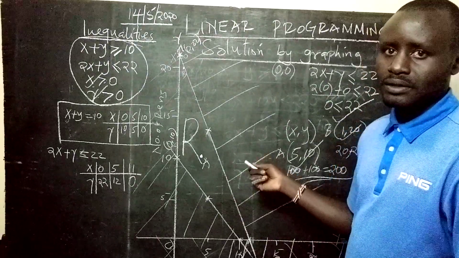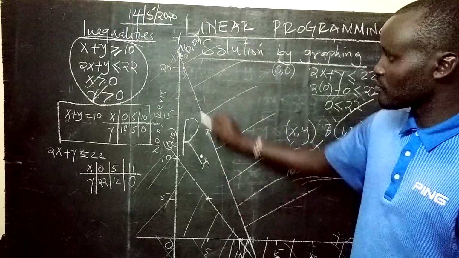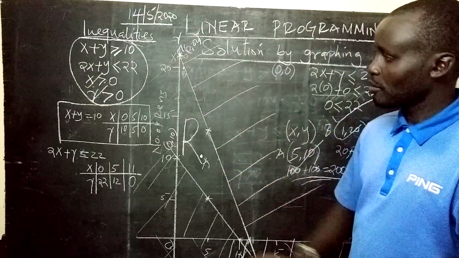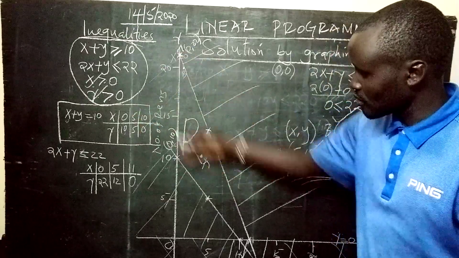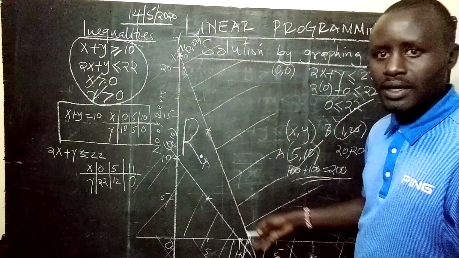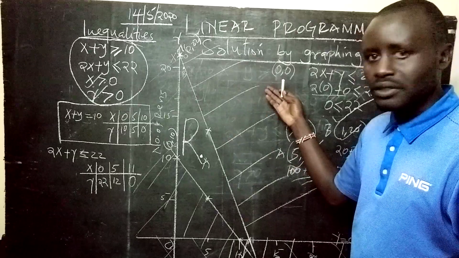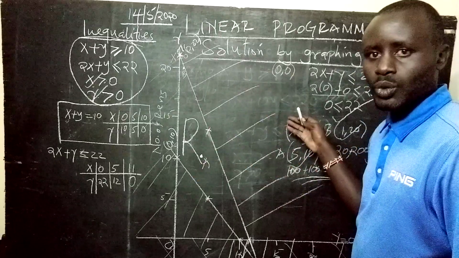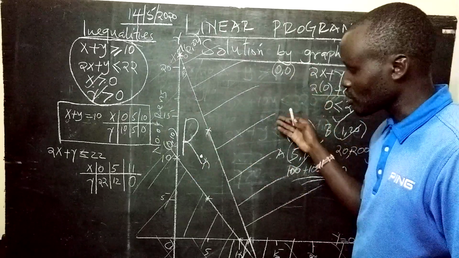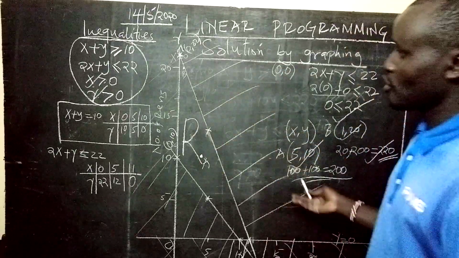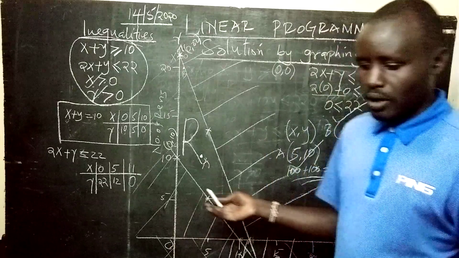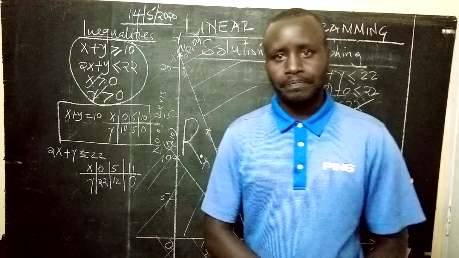There's nothing hard here. The only issue here is to find this region. The moment you are able to have these table values and construct the lines correctly, identify the wanted region and the unwanted region, then you shade the unwanted region to remain with the region, then you are going to have all your marks.